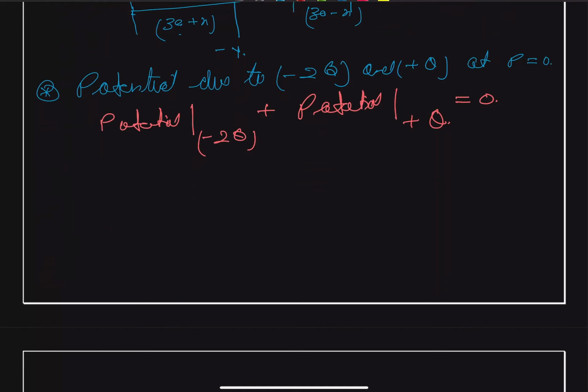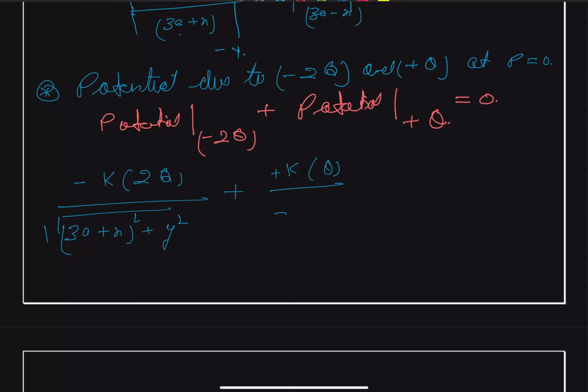Now we can easily find out the potential. So this comes as minus k times 2q divided by the distance, which we found as the square root of 3a plus x whole square plus y square, plus k times plus q divided by the square root of 3a minus x whole square plus y square, is equal to 0.